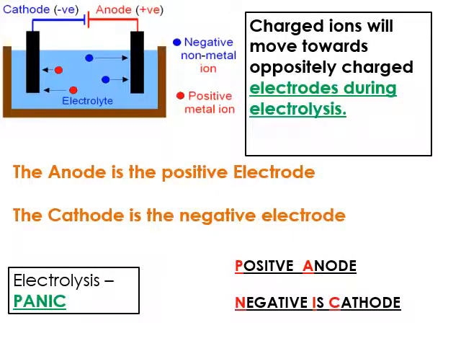A negative ion will move to the anode and a positive ion will move to the cathode. You need to remember which is which, so we use PANIC: Positive Anode, Negative Is Cathode. You need to remember that so you know which electrode the ions will move to.